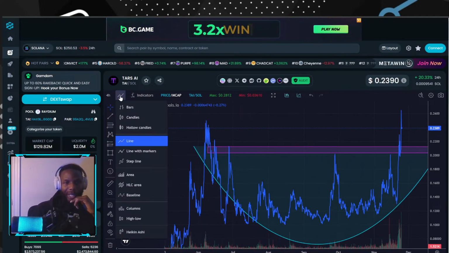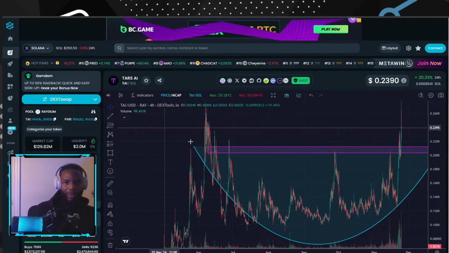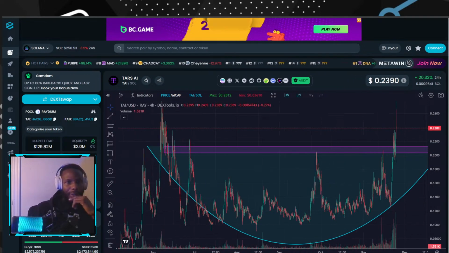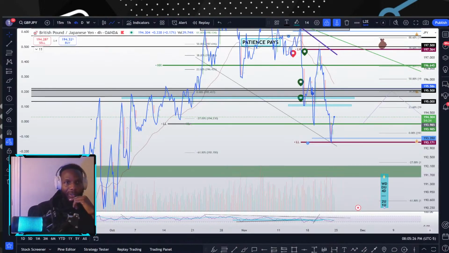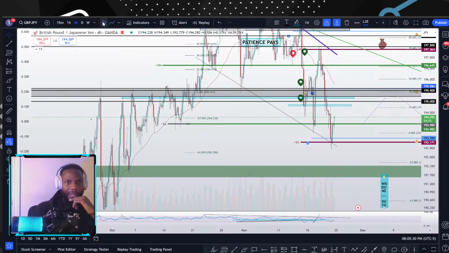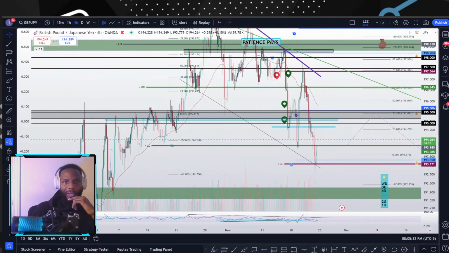Yeah, a lot of times, just because it's a bull market, you've got to find coins that have been consolidating for a long time and are ready to break out. There's a few. What's another coin?